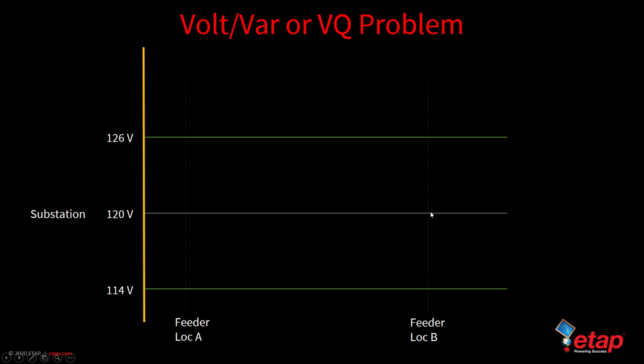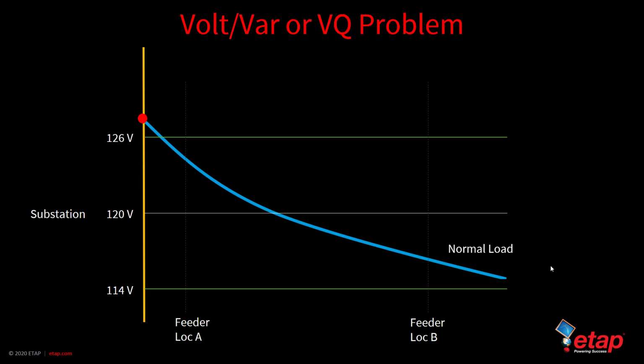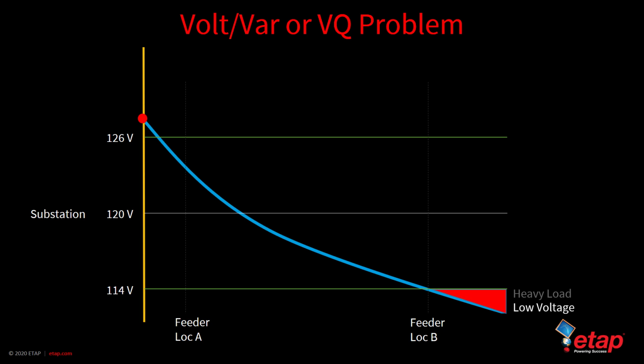Under normal conditions, the voltage level is highest at the substation and lowest at the end of the circuit. The voltage might droop below the minimum acceptable level for some customers, especially during heavily loaded conditions. So you can see a region of low voltage appear for a given set of heavy loading conditions. Several solutions can be used to optimize the voltage profile across the circuit.